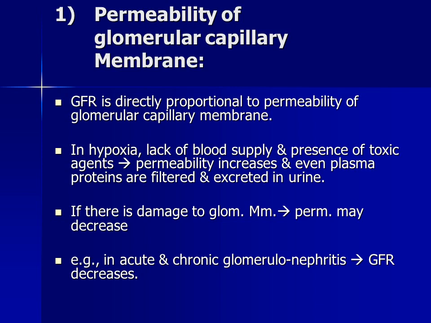Sometimes, in some diseases like chronic uncontrolled hypertension and diabetes mellitus, the thickness of the glomerular capillary membrane increases, and this also leads to a decrease in the glomerular filtration rate. The thickness of the glomerular capillary membrane is a factor which affects the GFR directly.